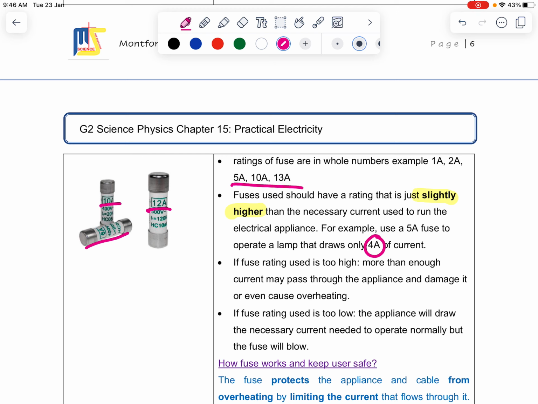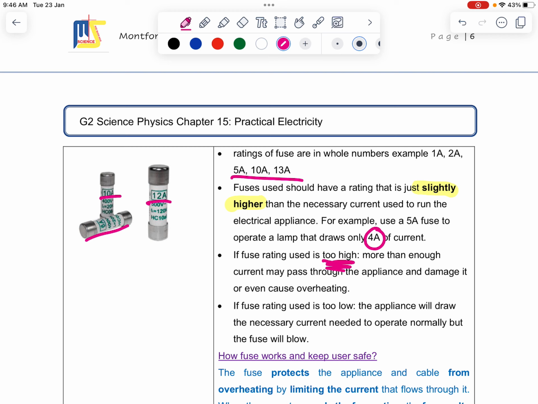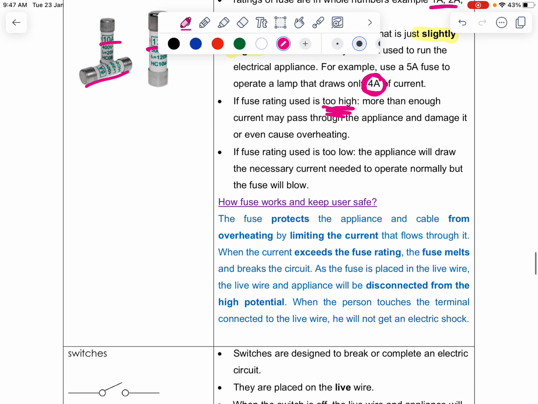So you have to use something slightly higher, like 5 ampere. But don't use something that is too high, otherwise you defeat the point of the fuse. Another issue is that fuses have standard ratings, and it is not economical to design a fuse for your specific use at 4 ampere only.